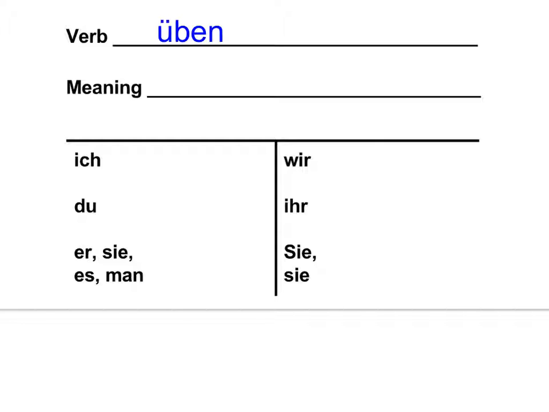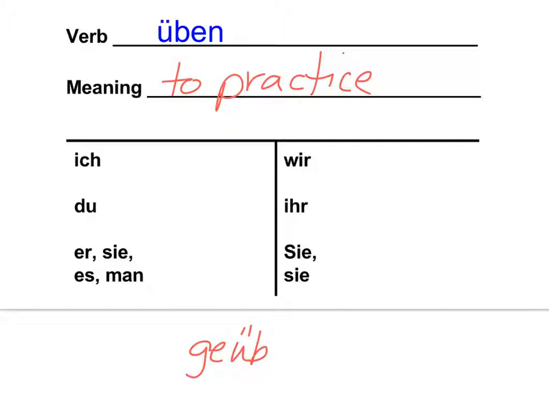Next one. This is one of my favorite verbs. It just sounds fun. Everybody try this one. Üben. It means to practice. The reason this is one of my favorites is because when you get to the past tense, it changes to geübt. You don't need to know this.